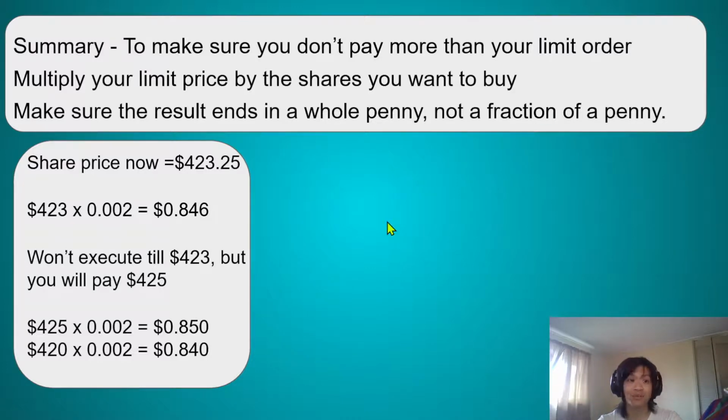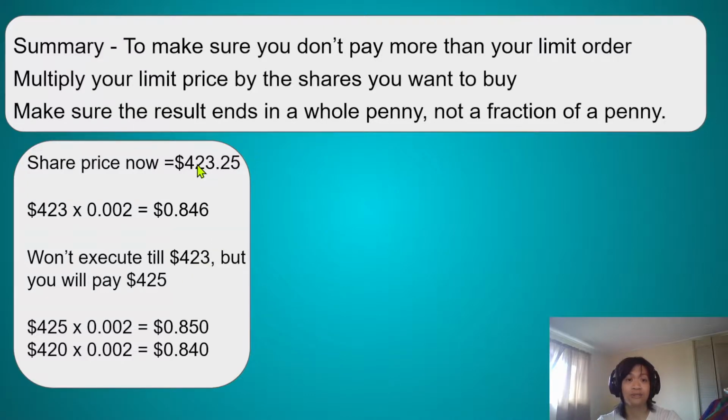For example, if you wanted to buy shares of Adobe and the share price now was 423.25, and then you wanted to do a limit order of 423 for 0.002 shares, it would come out as a fraction of a penny at the end, a sixth of a penny. So you don't want that. If you do that, it will not execute until the share price hits 423.